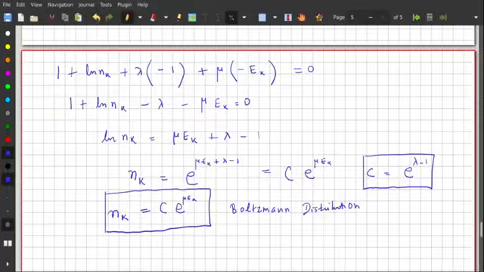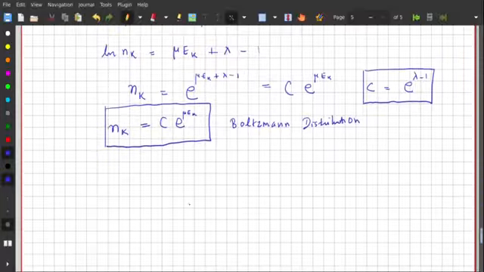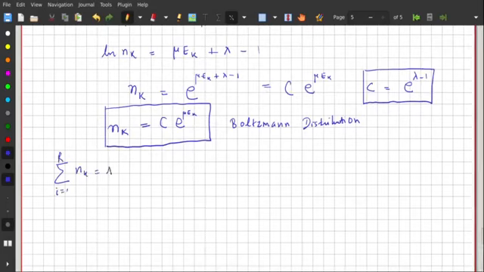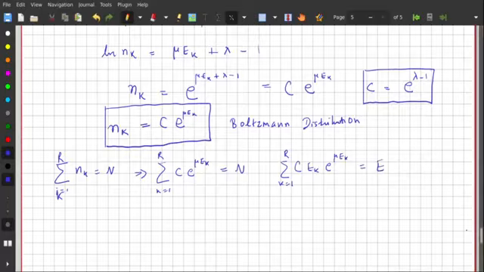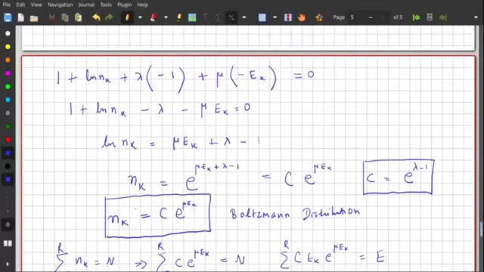The constants mu and c could be evaluated from the constraints that the sum over i equals 1 to r of n_i is N. Using this n_k, it becomes the sum over k equals 1 to r of c e^(mu e_k) equals N, and similarly for the energy, the sum over k equals 1 to r of c e_k e^(mu e_k) equals the total energy E. Based on these two constraints the constants could be figured out, but this was the expression we were looking for: the distribution of particles.